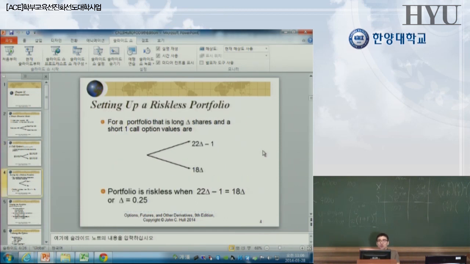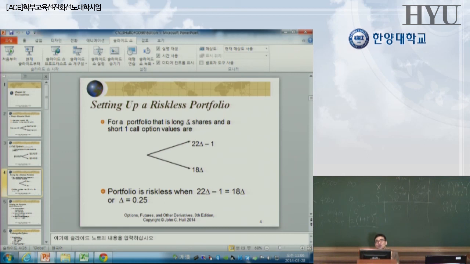In the textbook, they are setting up a riskless portfolio. Okay, so it creates a portfolio that is long delta shares. So they buy delta shares. In my example, I think of everything in terms of euro or dollar amounts, but in this case, they use everything in units of the stock.